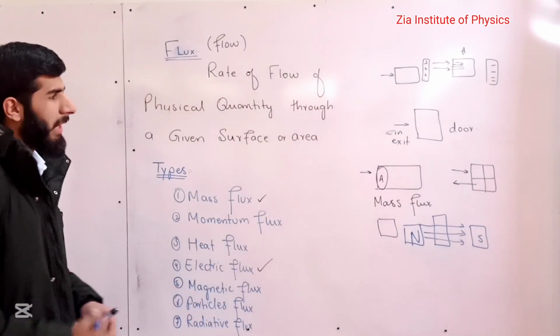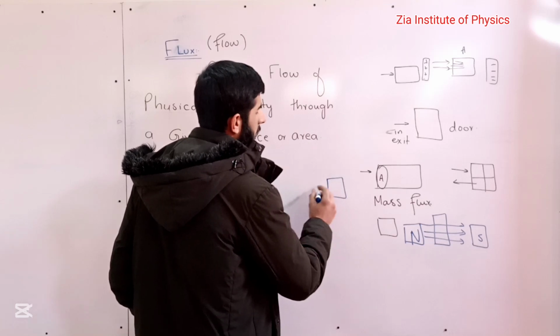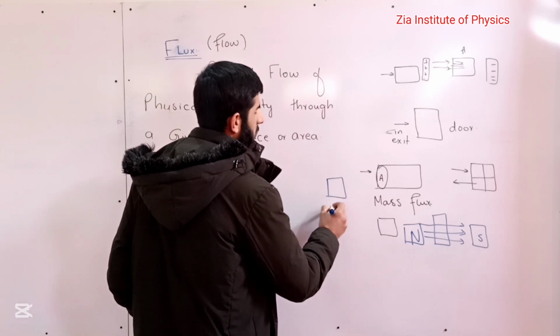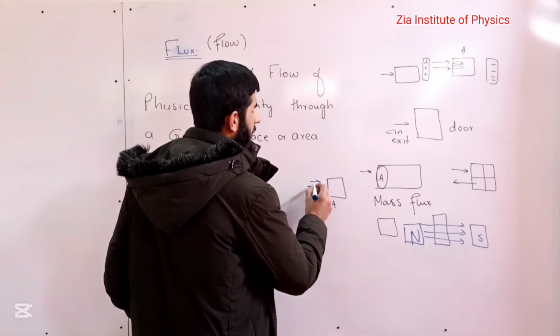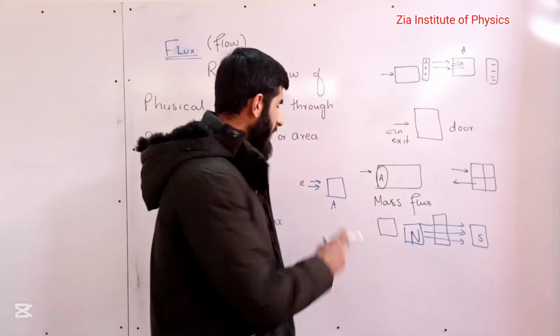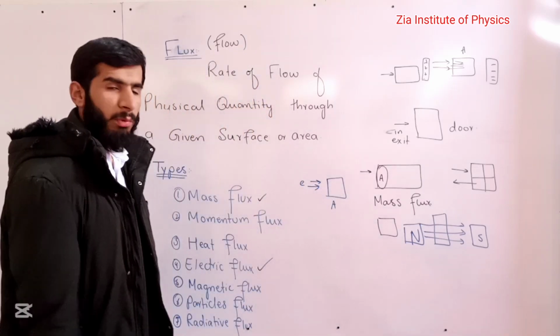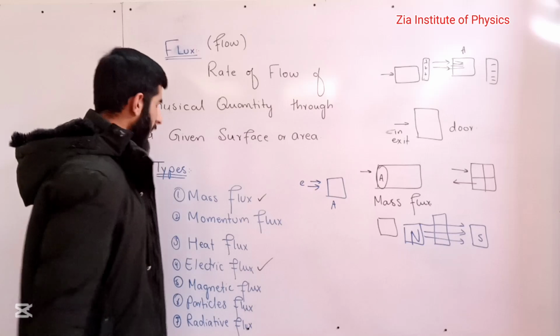Similarly, particle flux. I take as an example a specific area and particles like electrons passing through this area, then this flow will be known as particle flux.